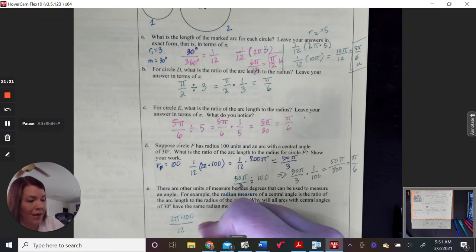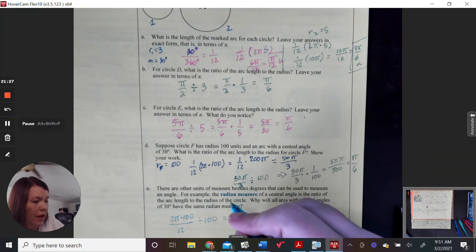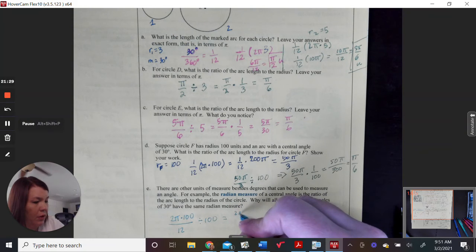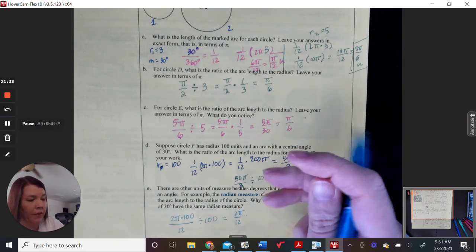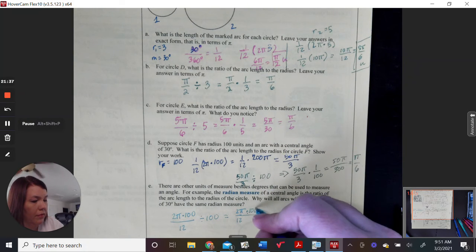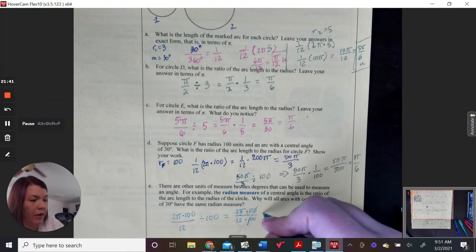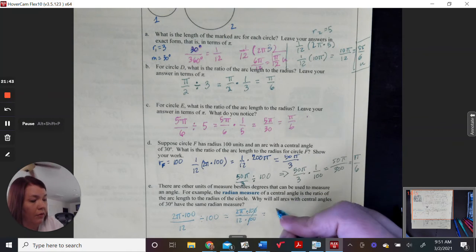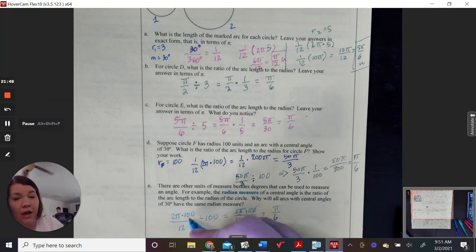And so 2 pi over 12 is always pi over 6 every single time. So what happens is I'll have 2 pi over 12 for every central angle of 30 degrees, times the radius divided by the radius, or 1 over the radius. And so r will always go away. And I will just be left with pi over 6.